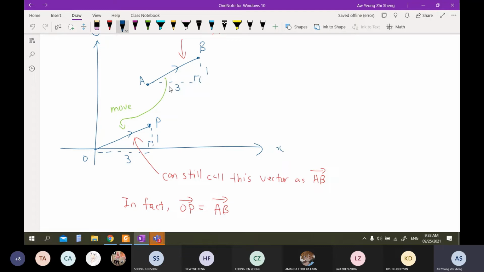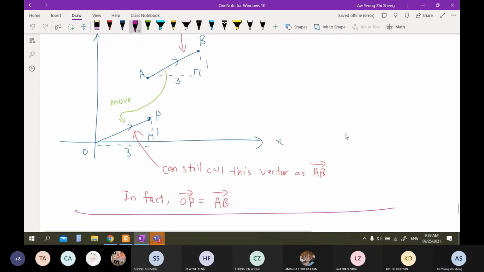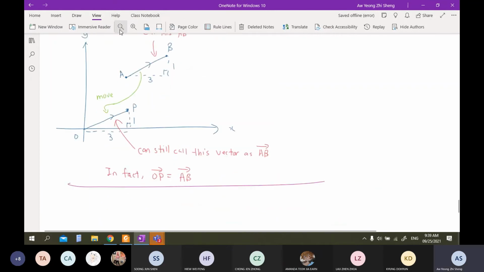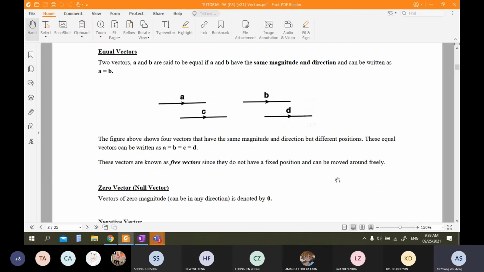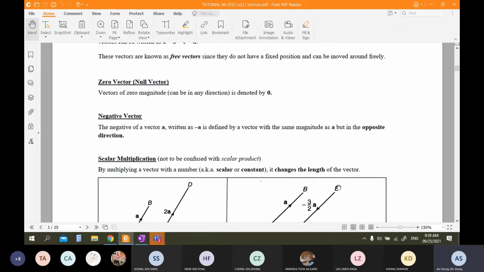So when you move a vector around, make sure that the length and direction remain the same, and then only it can retain its original name. As we go further into this chapter, this mindset and the concept of free vectors will be important.